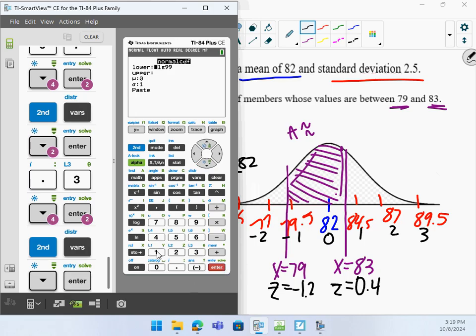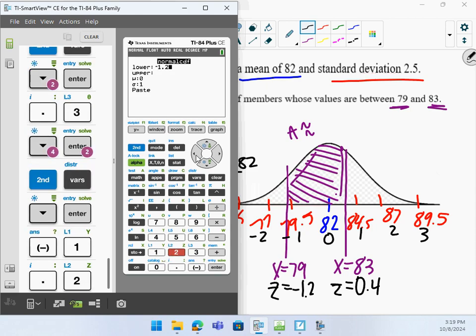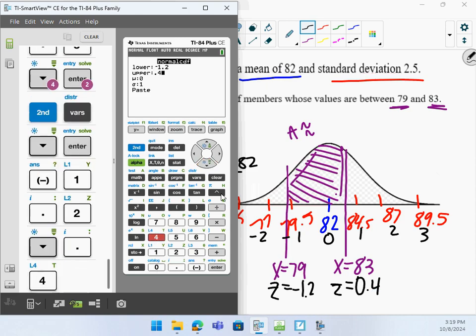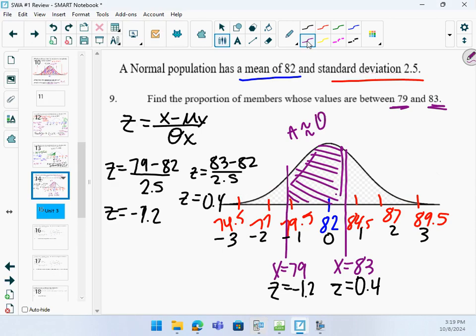This time our z-scores would be from negative 1.2, you have to use that negative, to my upper bound at 0.4, and then leave everything the same, and that would give you an area of about 0.5404.